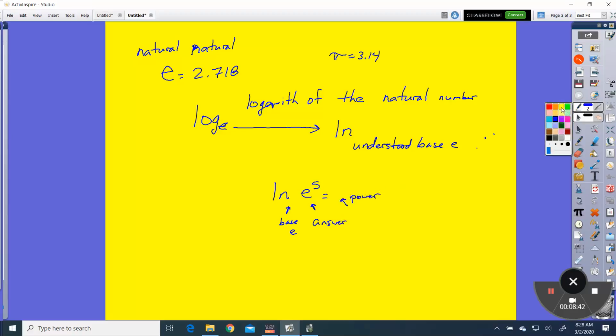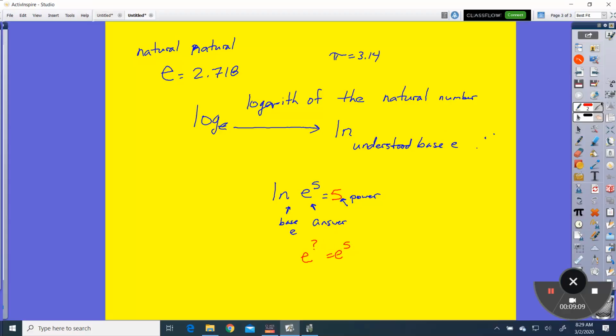So what this is really saying is e to what power is going to equal e to the 5th? What does that question mark have to be if this is equal? 5. This is really saying e to what power is e to the 5th? Well, if e to some power is equal to e to the 5th, that power has to be 5, or else they can't be equal.